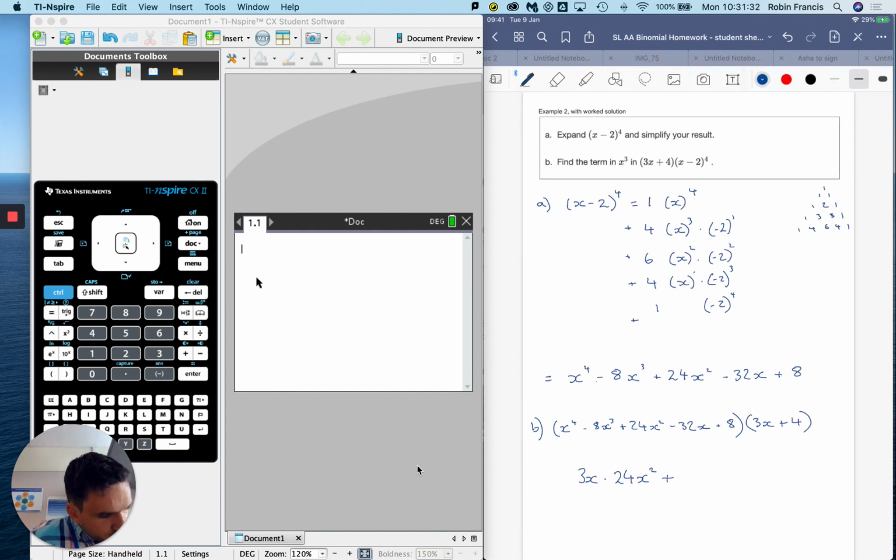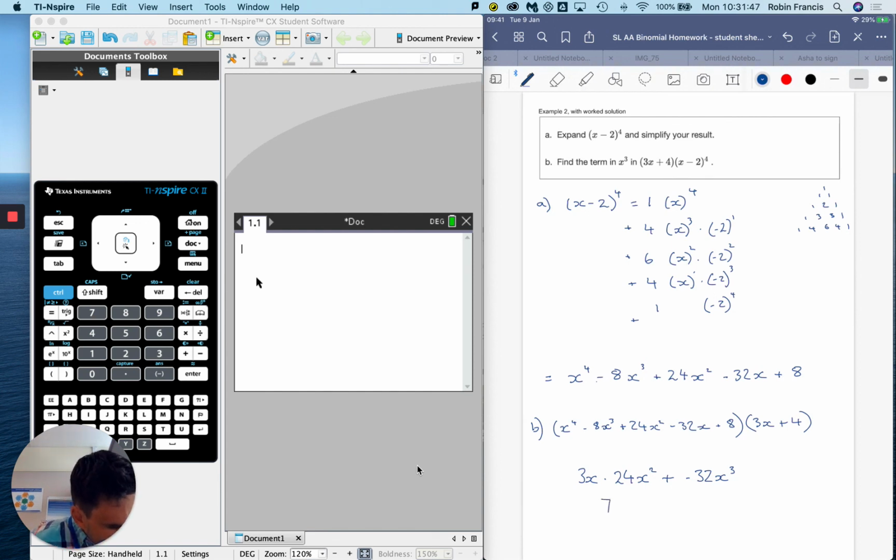So that is, what was it, 4 times negative 8, minus 32x cubed. So 3 times 24, 72.